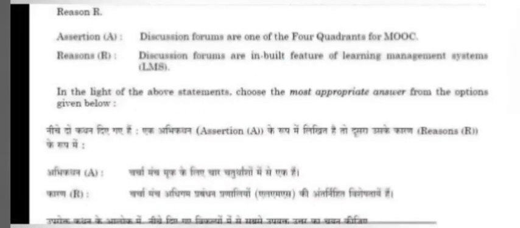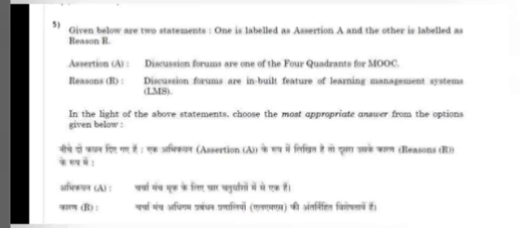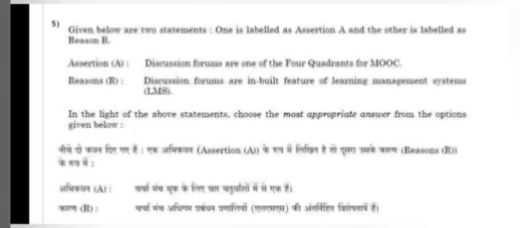Next. Given below are two statements. One is labeled as assertion A and the other is labeled as reason R. Assertion says, discussion forums are one of the 4 quadrants for MOOC, massive open online course, if I'm not wrong. It is available in the whole wide world.